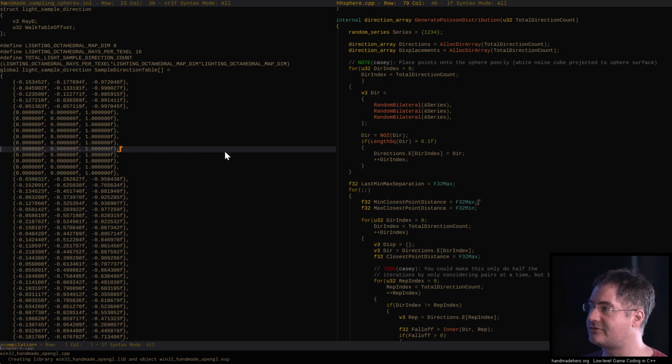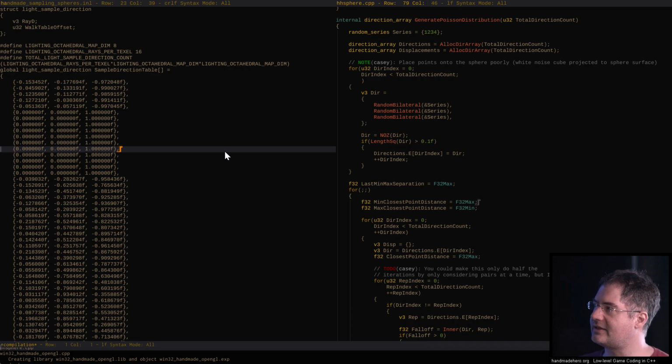I'm going to have to distribute points in the actual texels and make them be evenly distributed in texel space, because otherwise you can't evenly distribute things in sphere space, because the octahedron doesn't pull evenly from those. So it kind of does feel like I need to do something slightly different here.